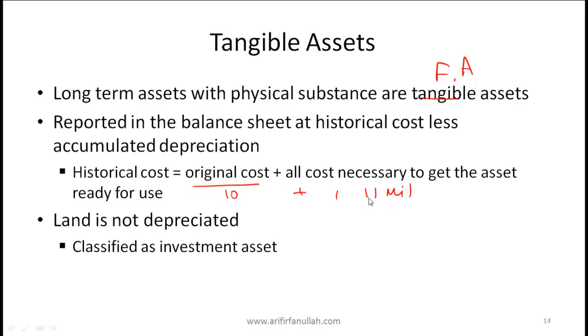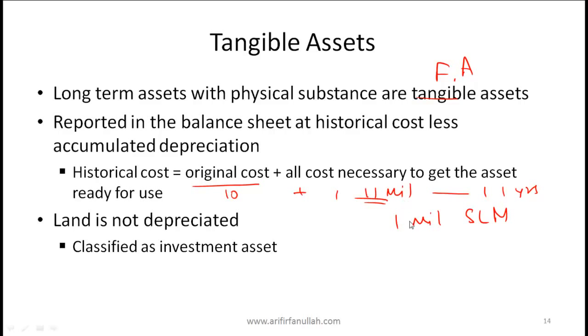And then every year you depreciate. Let's say that this asset will last 11 years and will have zero value at the end of 11 years. You will depreciate 1 million every year, assuming the straight line method. We'll talk about depreciation and fixed assets again in a lot more detail later.